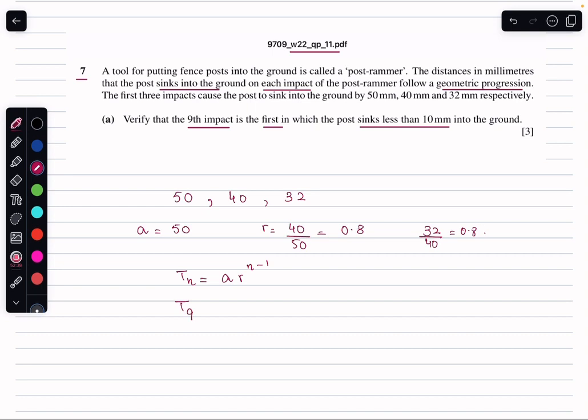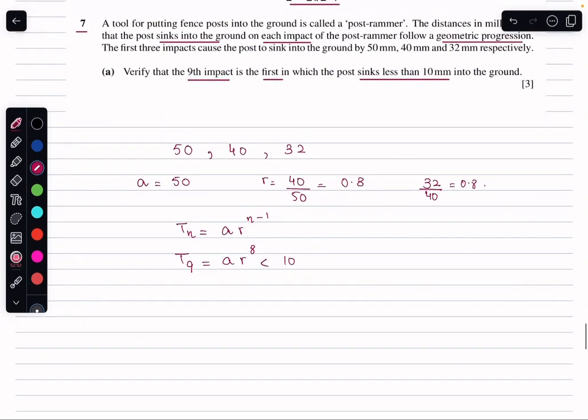The ninth impact should be equal to a r to the power 8, and this should be less than 10 millimeters. So the a value here is 50 times r, which is 0.8, to the power 8.